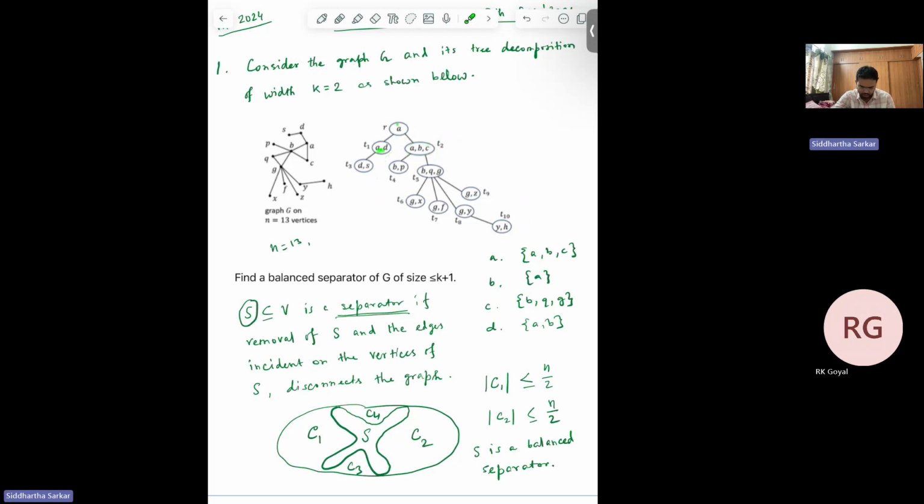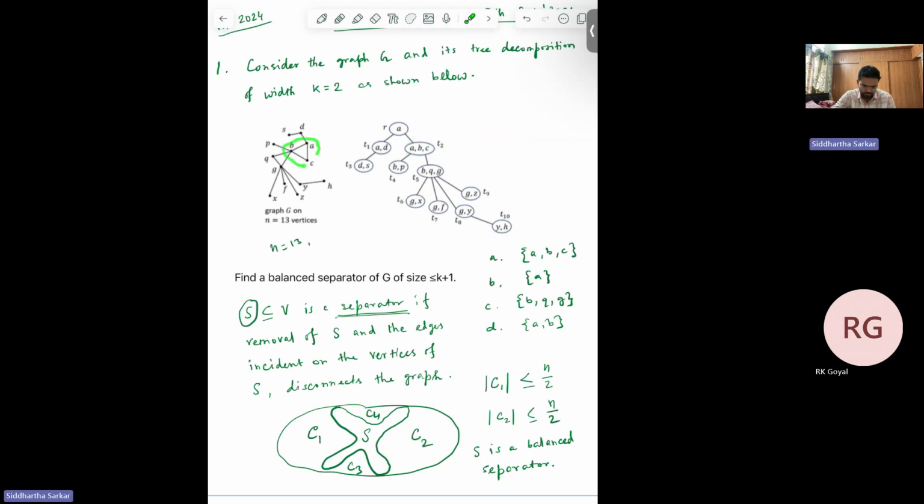The root has two children, we will traverse to the child which is on the heavier side. So next we try to delete the bag T2, that means the vertices A, B and C, and again we ask whether ABC is in fact a balanced separator or not.